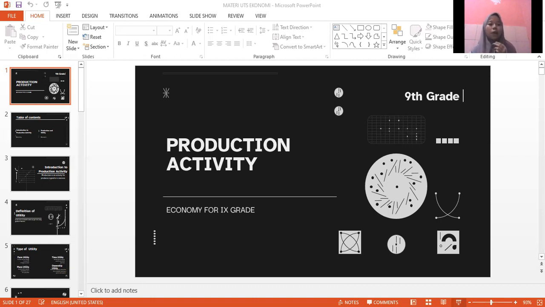Now, second, place utility. An item will increase in value if it's used in the right place.